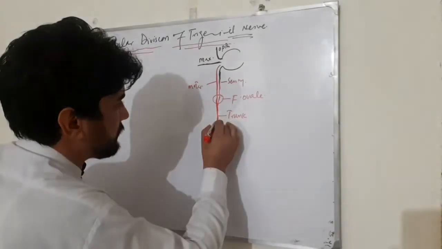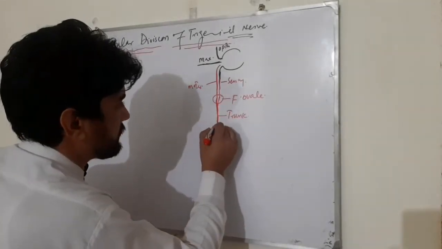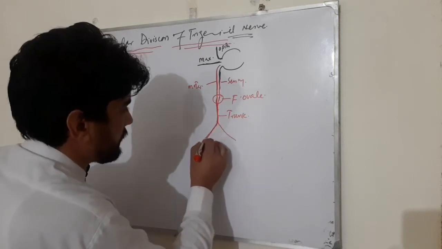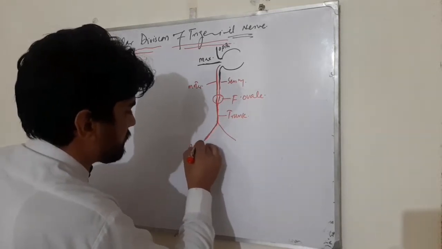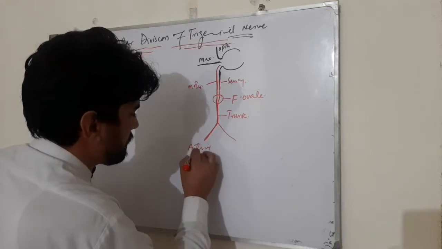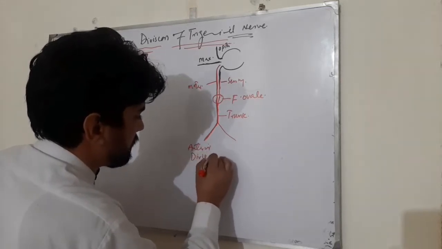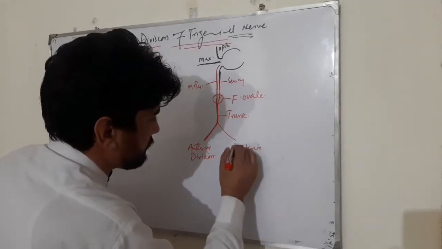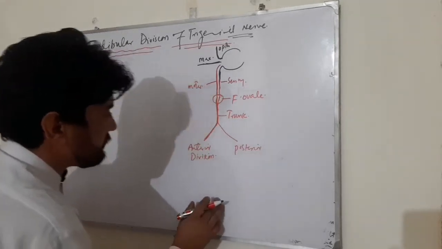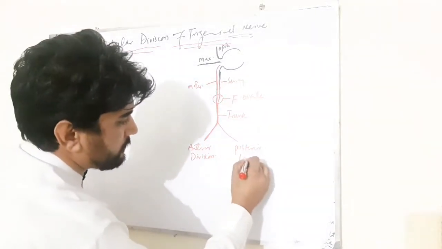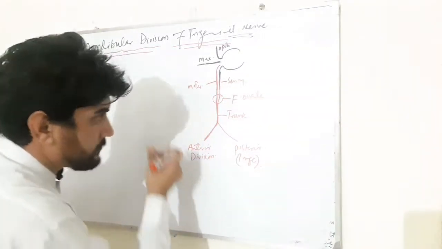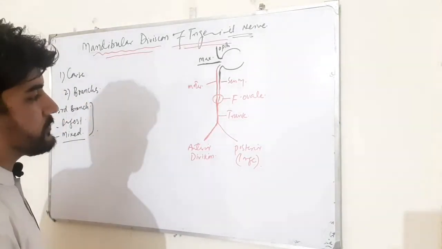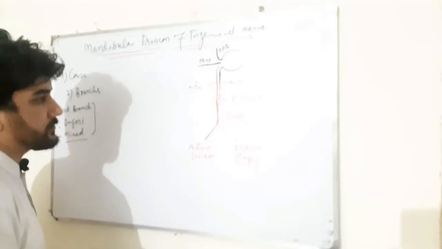For 2 to 3 millimeters they remain united, and after that they separate and give rise to two divisions: the anterior division, which is a small one, and the posterior division, which is a large one. Each of these gives rise to branches, which I am going to discuss.